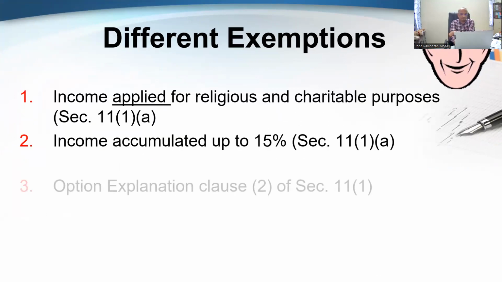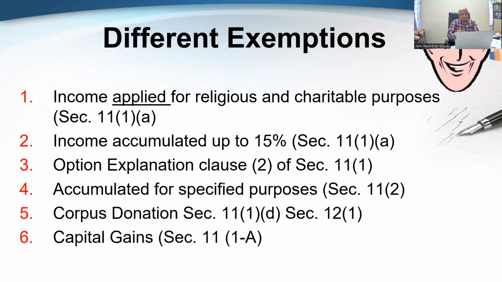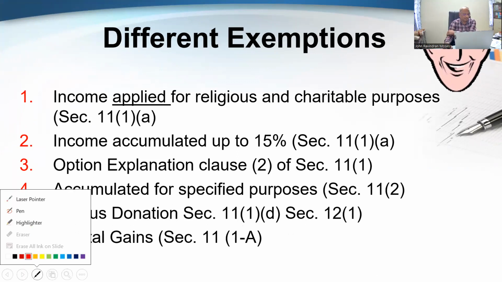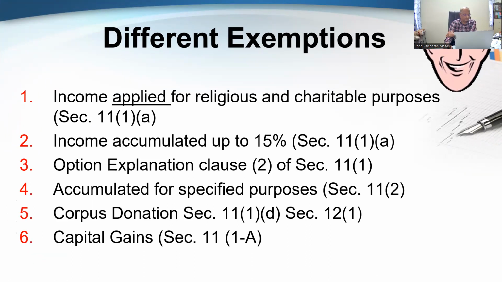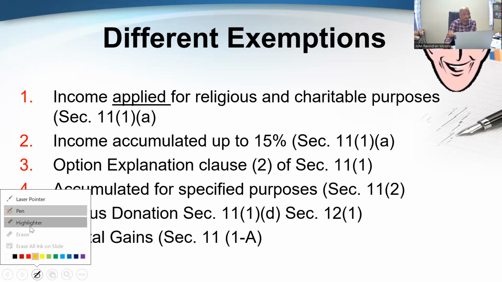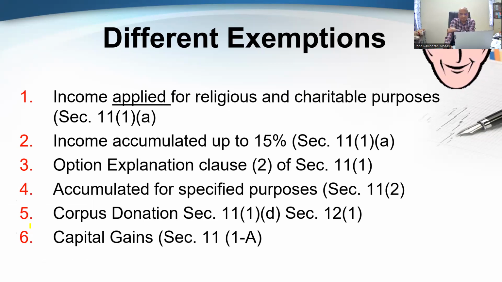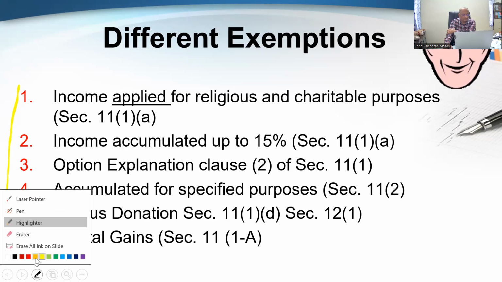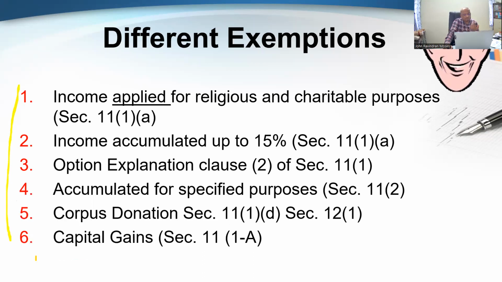Basically, Section 11 gives us 6 different exemptions to charitable organizations. The organizations are given the opportunity or the choice to choose any one of them or a combination of any two or any three, or more, and then not to pay taxes.